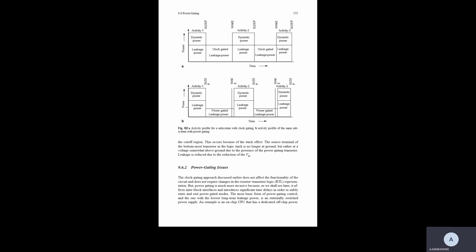This power gating has some issues to operate effectively. The control signals consist of a power gating controller, the power switching fabric, and the power gated functional block.